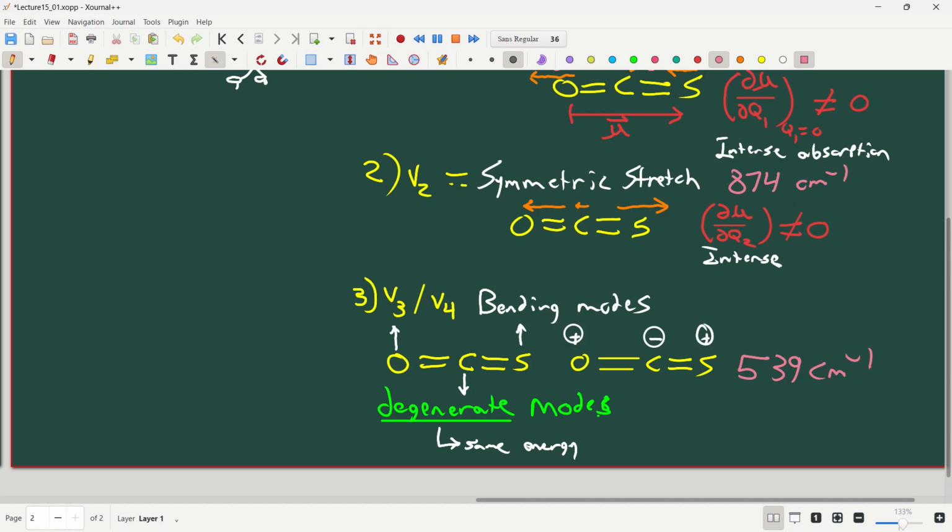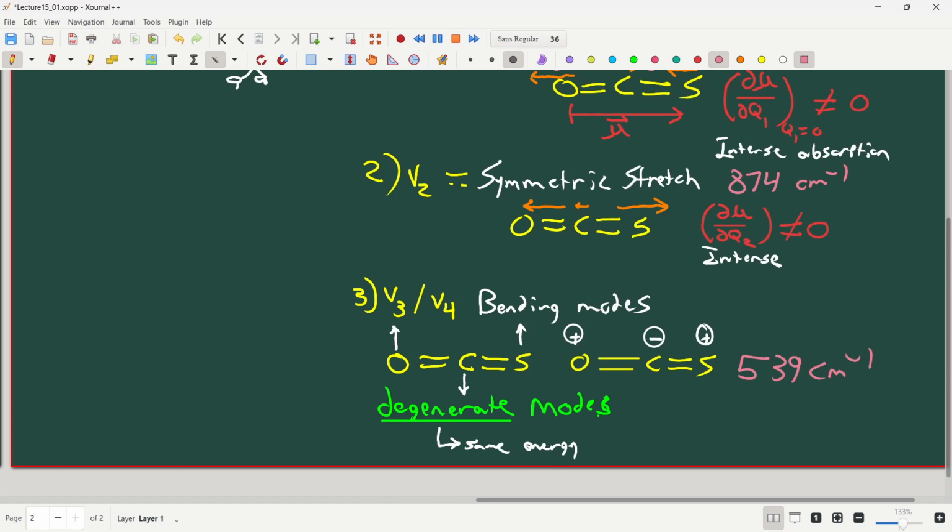But the bends, if you think about it, the length between the C and the O isn't really changing when you go from this to this. My arms are still the same length, but what I'm doing is I'm breaking the conjugation of the two double bonds, right? This molecule is linear because it's stabilized, because all of the p orbitals, all the pi bonds are all aligned. You get a nice conjugation across the chain. But as you move the bonds, you break that, right?